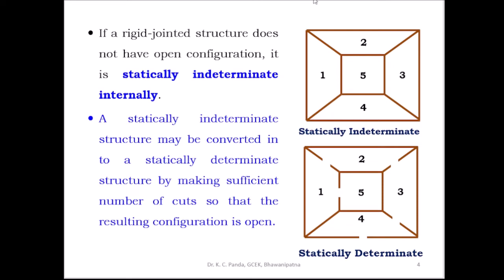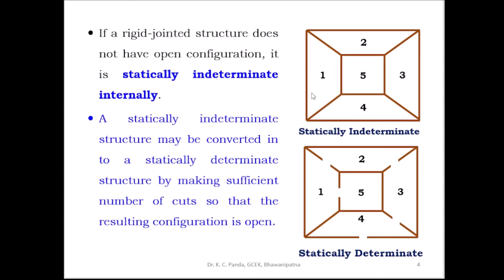If the structure has closed loops or there is no open configuration, then the structure is called statically indeterminate internally. This is an example of a statically indeterminate internally structure, because here all the loops are closed, there is no open space.